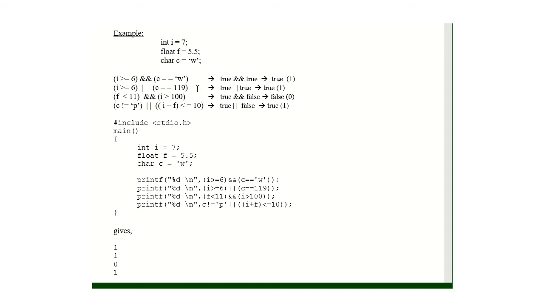For the second operation, you get true or true, which is true. Third one, true and false, which comes to false. And the last one, this is going to be true, this is going to be false. So you get true or false is true. Of course, you can program all this in this C program.